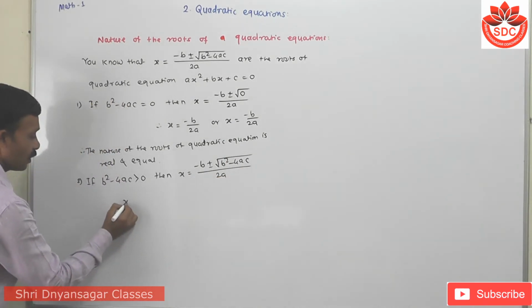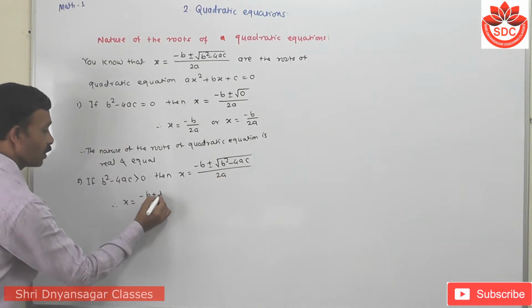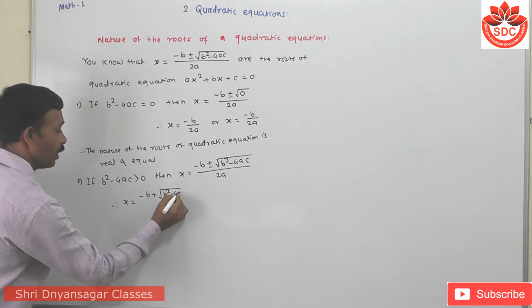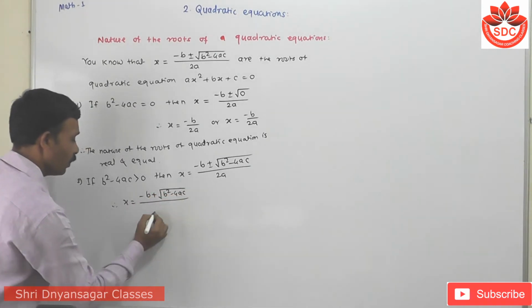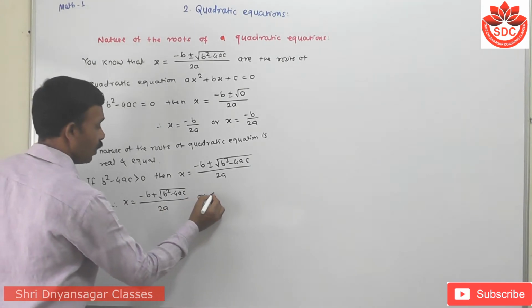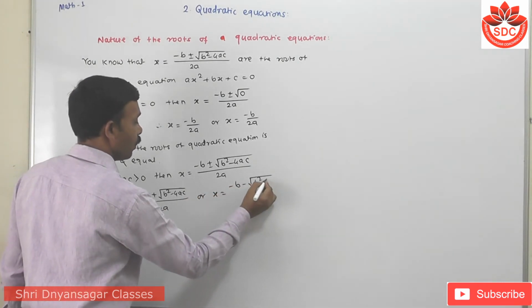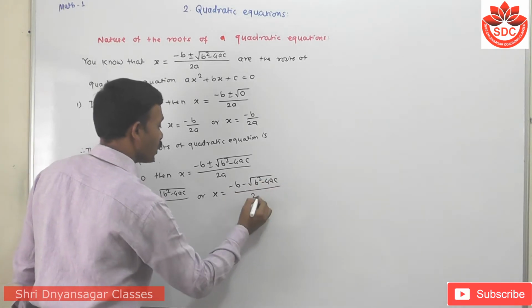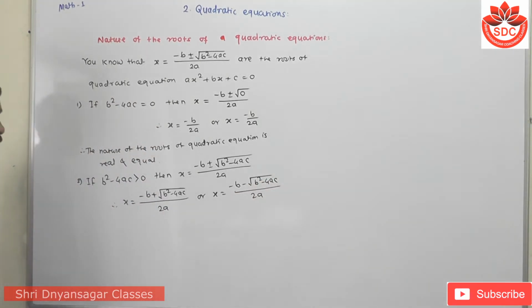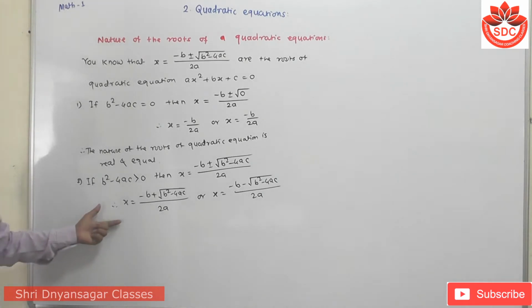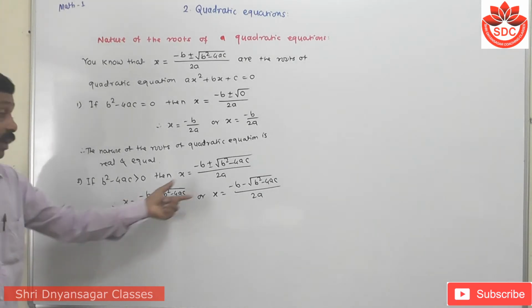We write x is equal to minus b plus root of b square minus 4ac upon 2a, or x is equal to minus b minus root of b square minus 4ac upon 2a. When we substitute the values of a, b, c, we get that the roots are real and unequal.